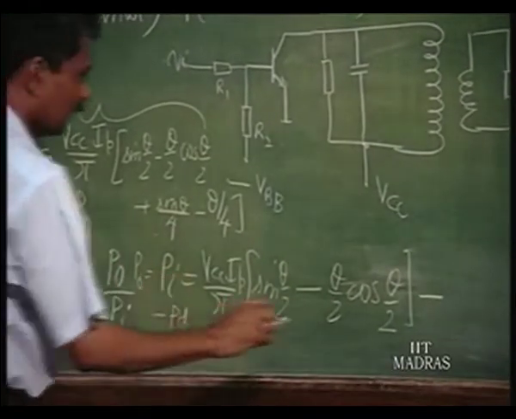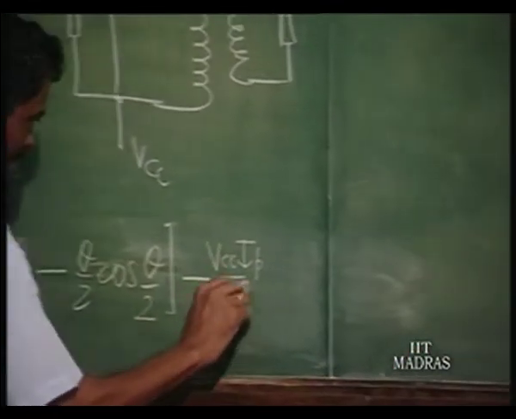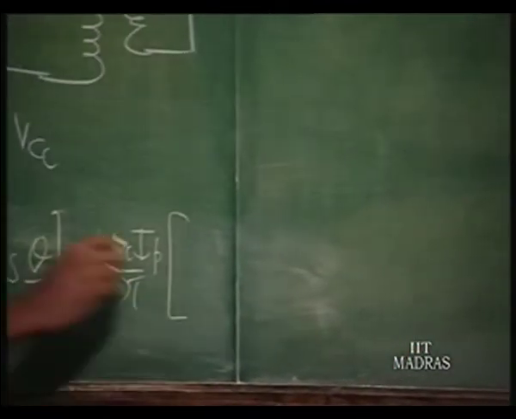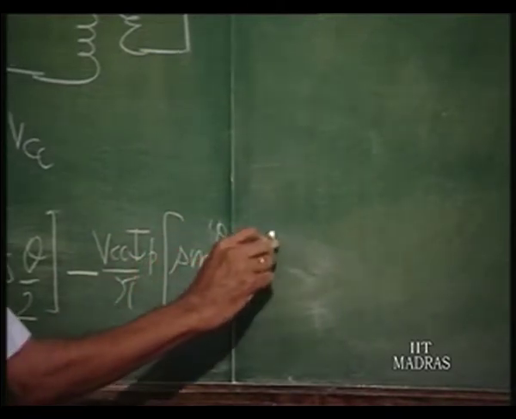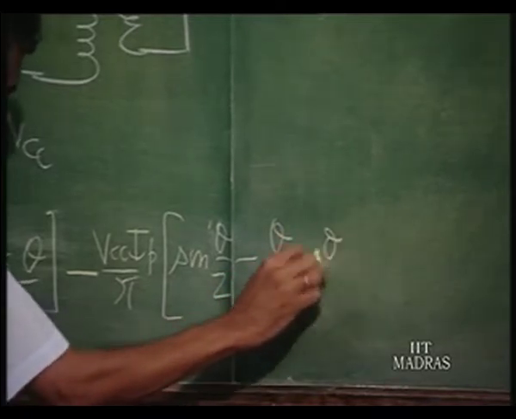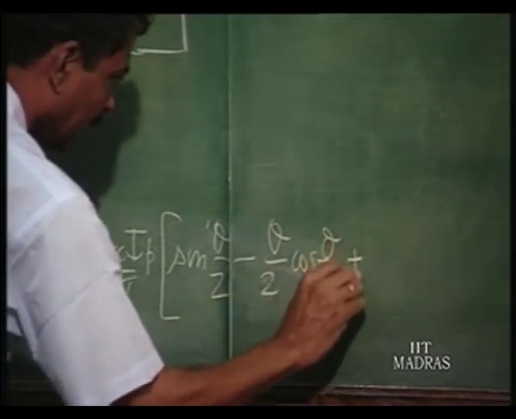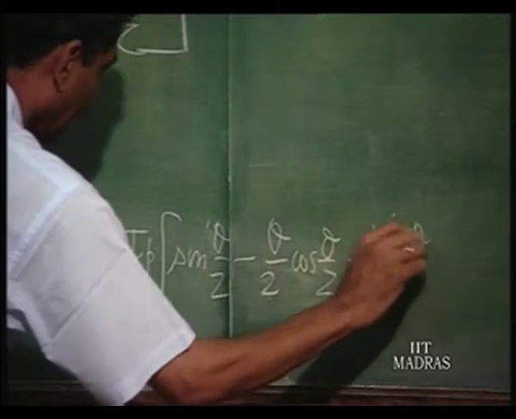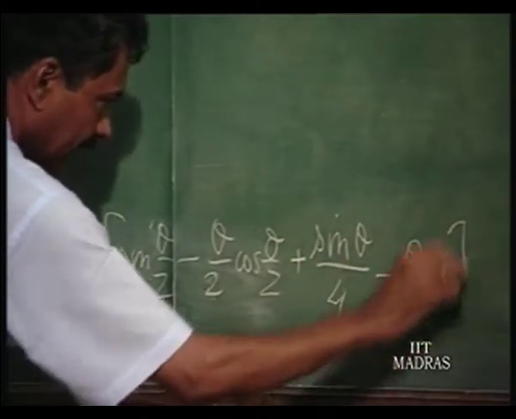We will put VCC IP by pi into sin theta by 2 minus theta by 2 cos theta by 2. This is nothing but power inputted. Now, the extra thing is plus sin theta by 4 minus theta by 4. This is the extra thing.